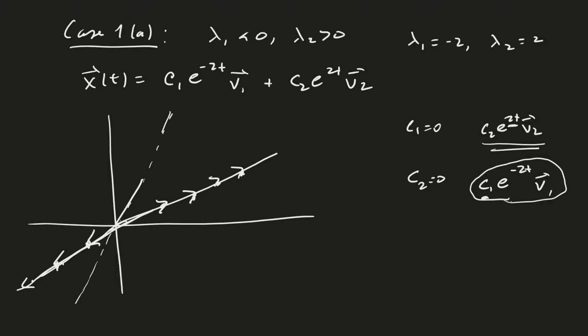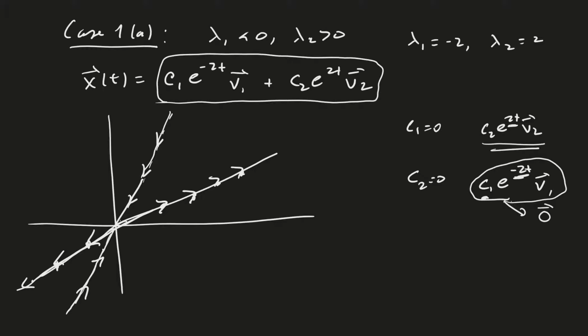But then what happens over time is, because this is negative, these are all heading towards the origin along the vector v1. Good. And so that takes care of these two special cases, and now we want to look at what happens in the general case.